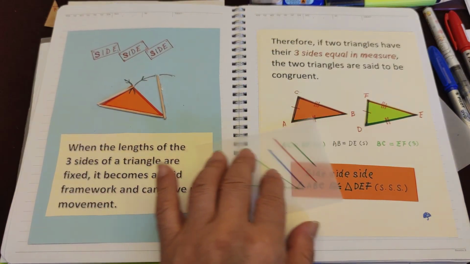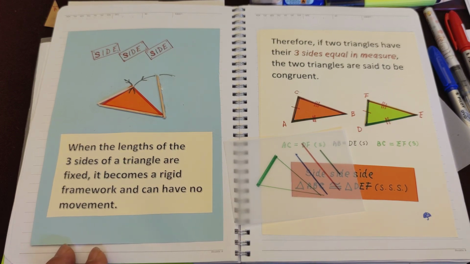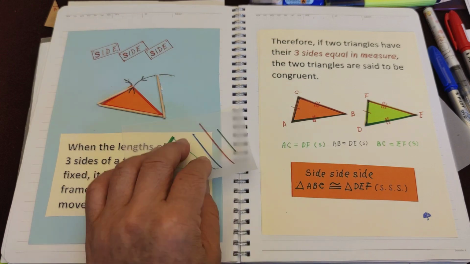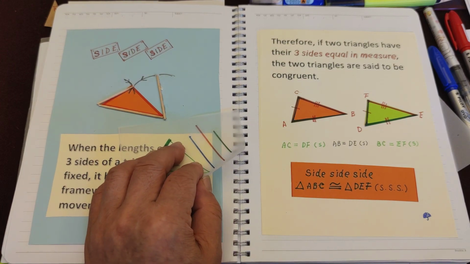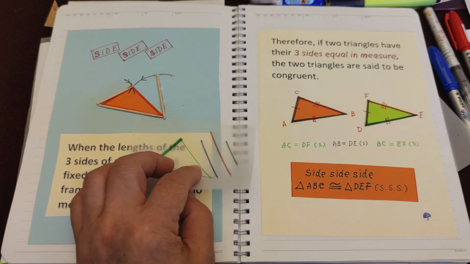Let's see the first one. When the lengths of the three sides of a triangle are fixed, it is not possible for us to move the sides without breaking the triangle. Therefore, if two triangles have their three sides equal in measure, then the two triangles are said to be congruent.